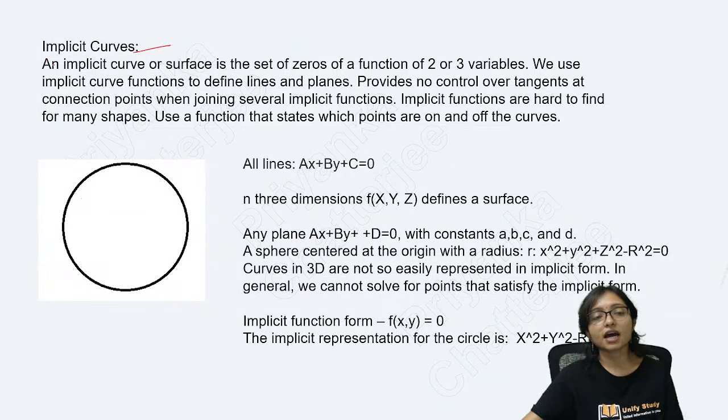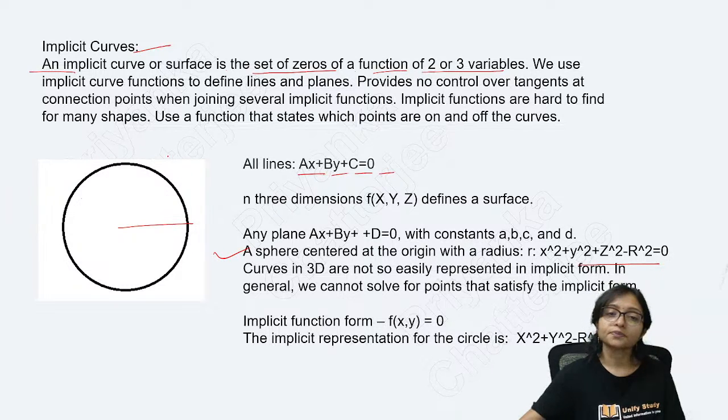An implicit curve or surface is the set of zeros of a function of 2 or 3 variables. As you can see, for lines we draw ax plus by plus c equals 0, but whenever we are doing a sphere with a center, then this formula will be like this, because here I need the r value also, right?